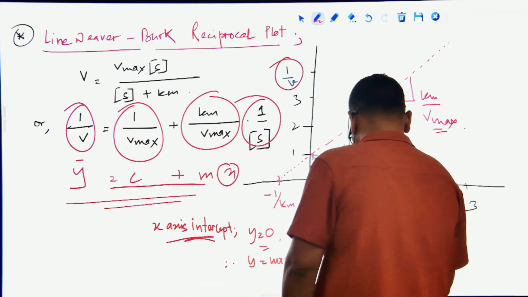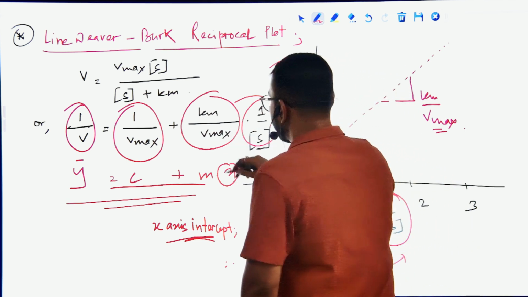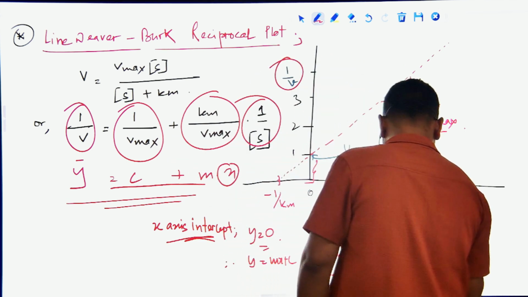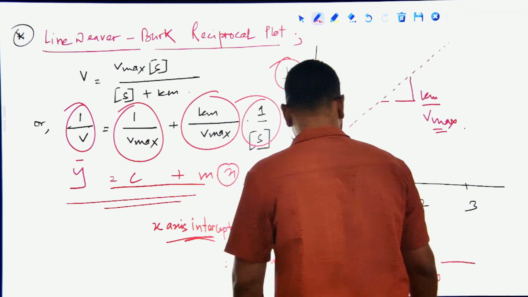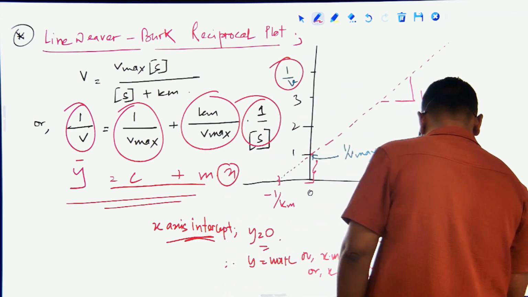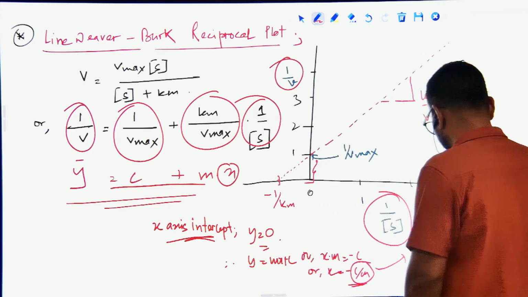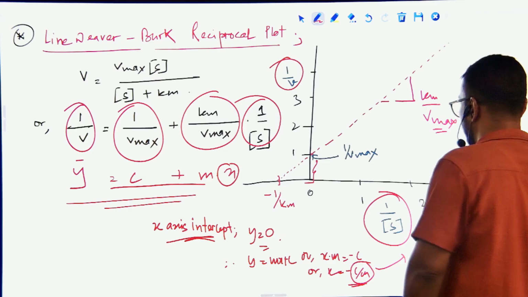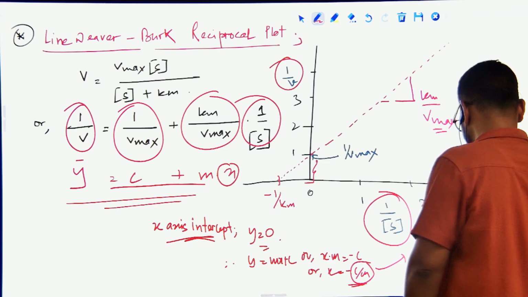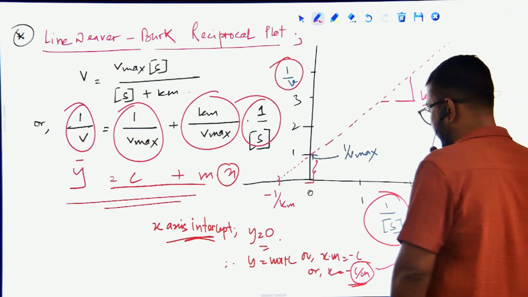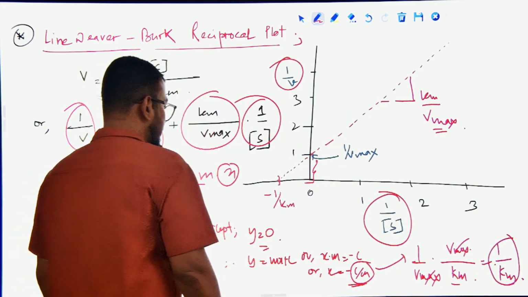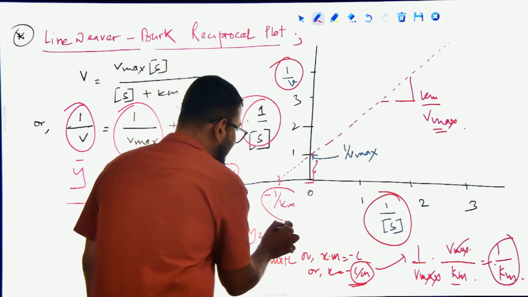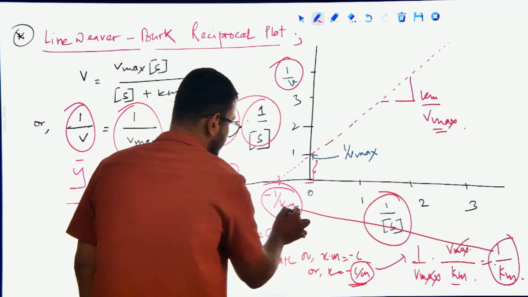Now c over here is 1 by Vmax, and m is Km by Vmax, leaving us with 1 by Km. This is our x-axis intercept, minus 1 by Km.